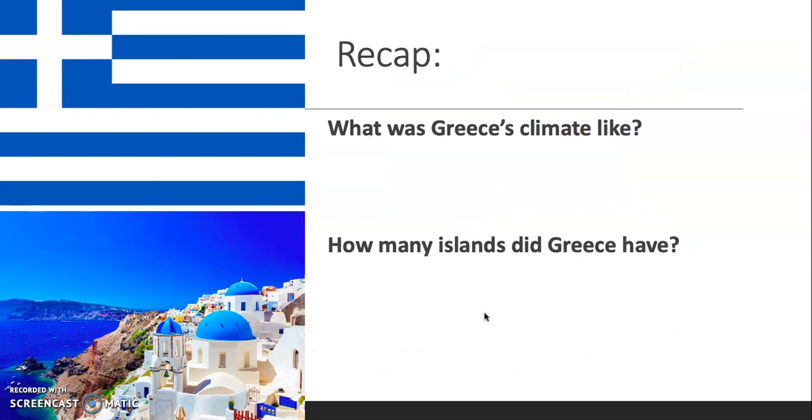Before we start, we're going to have a quick look at a recap. In the top left hand corner is the modern day Greek flag, just in case those of you who were curious want to see what it looks like. Nice blue and white. As you can see, it matches quite closely with the picture below of modern day Santorini.